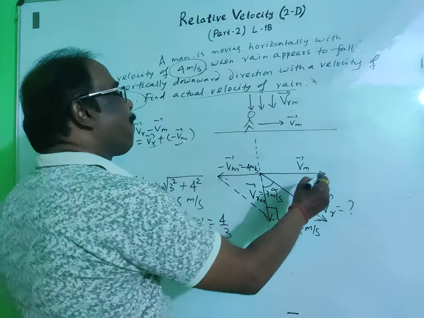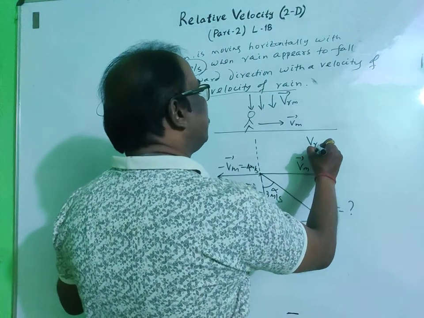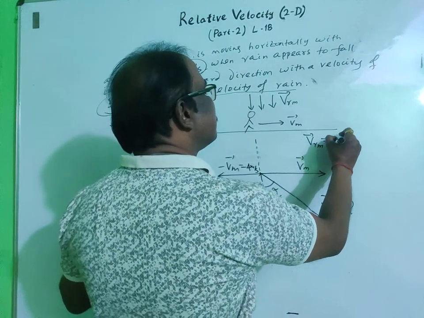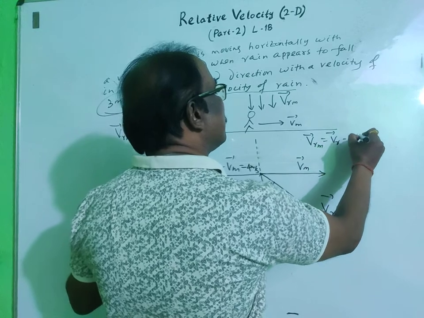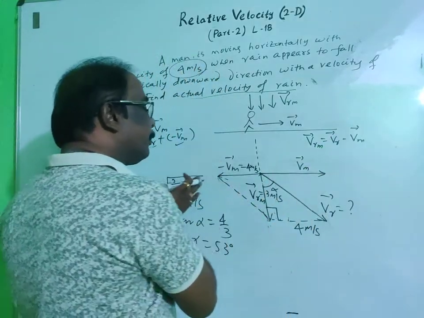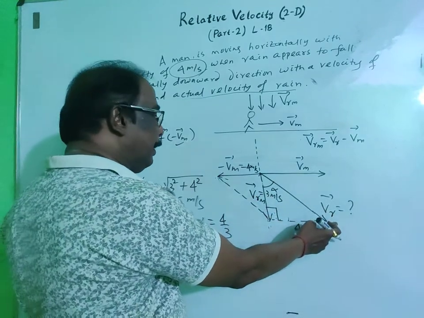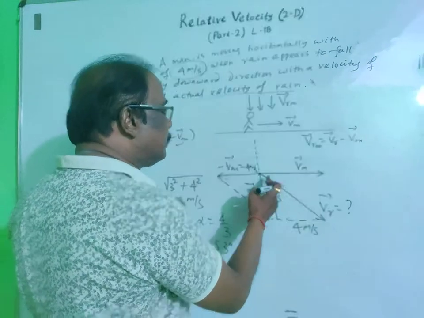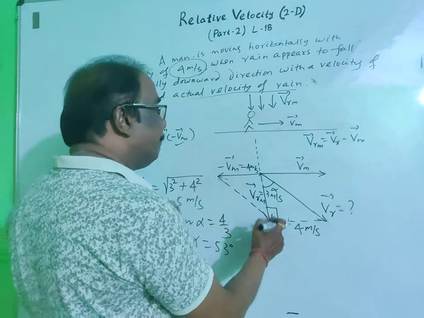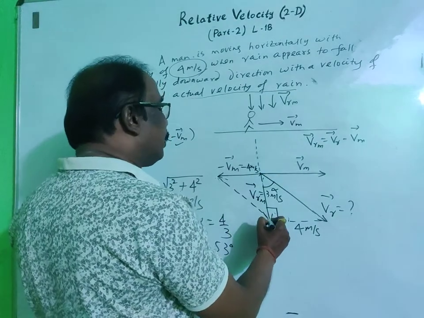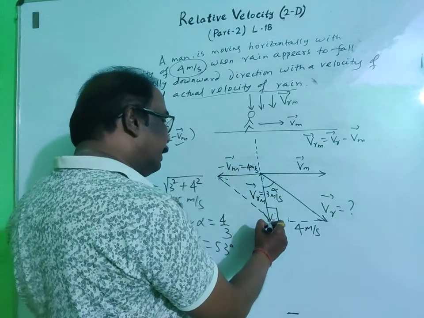See, Vrm is equal to Vr minus Vm. We have to calculate Vr. This is direction of Vrm. Vrm is 3 meter per second along negative y-axis.